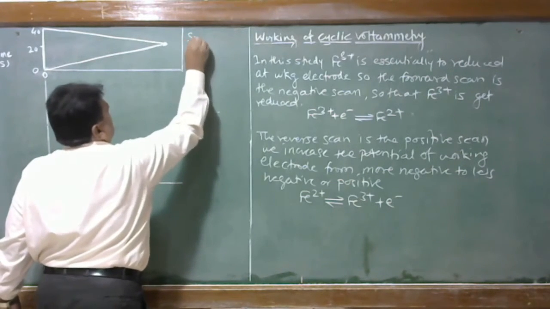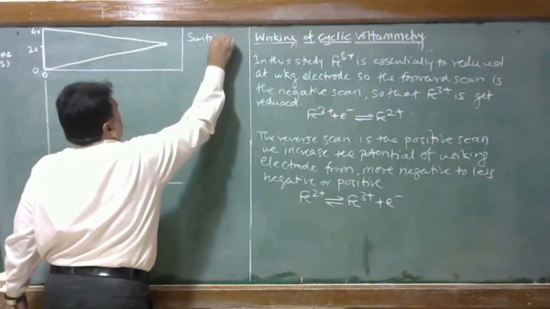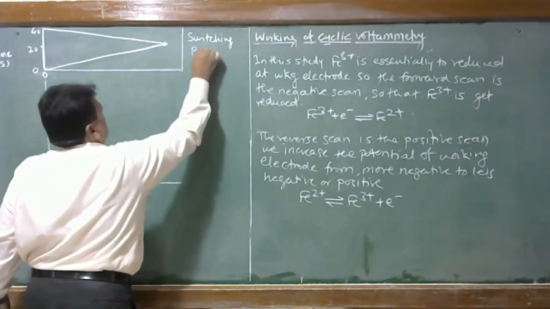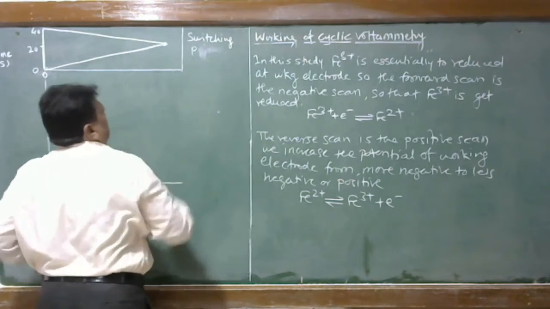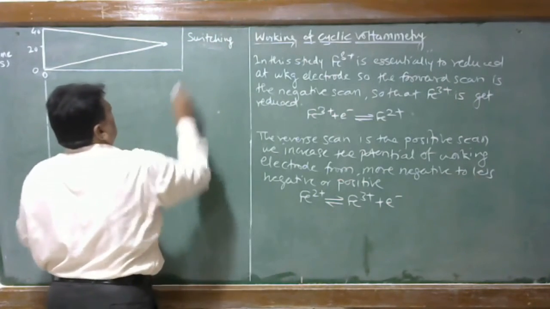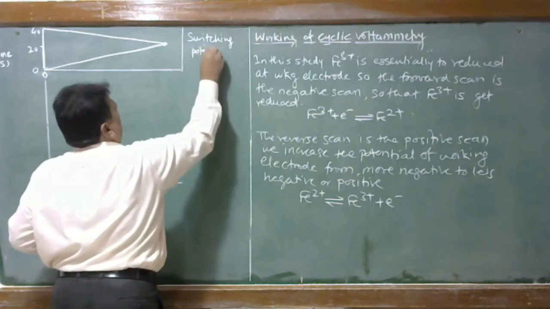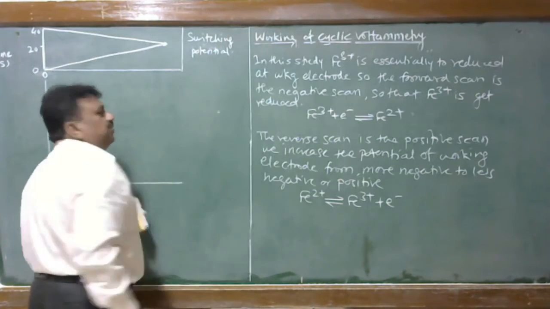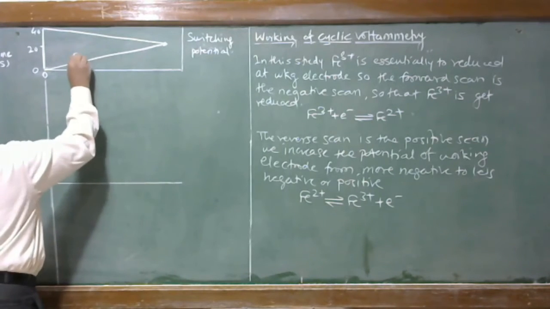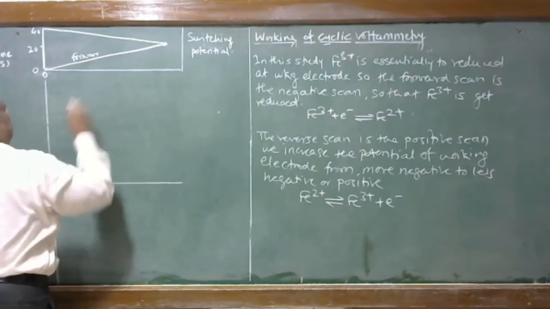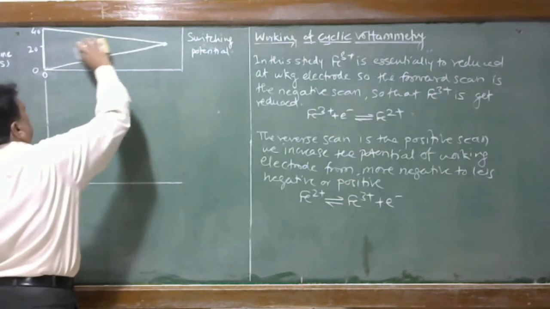This is a switching potential at which we can reverse the scan. Therefore, forward scan is here a negative scan.